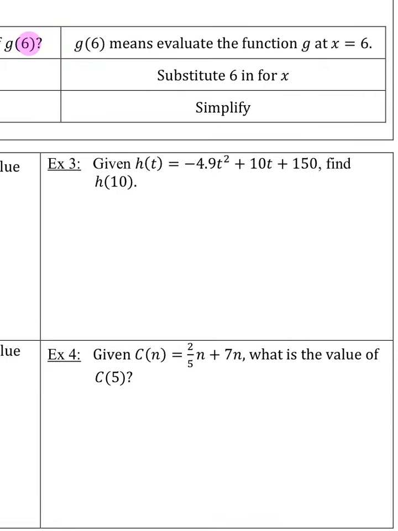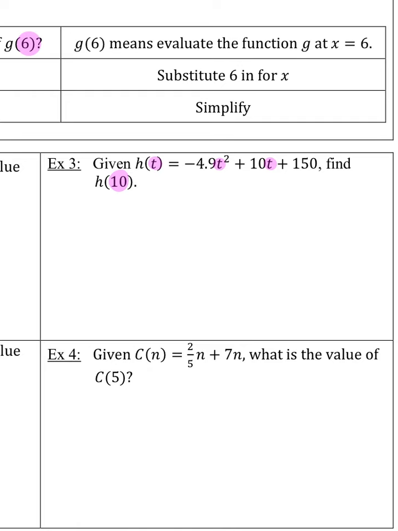It says, given h of t equals negative 4.9t squared plus 10t plus 150, find h of 10. Now again, we are going to substitute 10 in every single time we see t. So we're going to have to do it more than once this time. But no worries, let's write all our things down first, and then we can go into substitution.